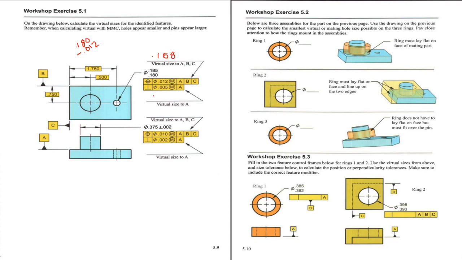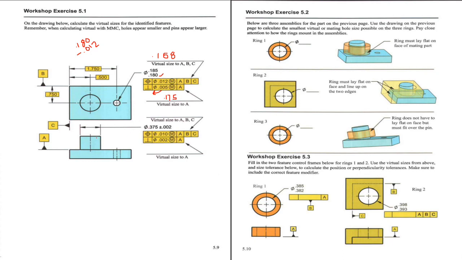And the virtual size with this datum feature A, the perpendicularity tolerance is here, and here the virtual size would be this 0.180 minus this 0.005. It will give a size of 0.175.